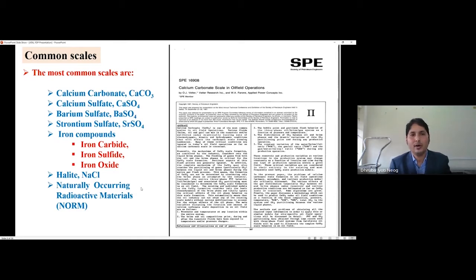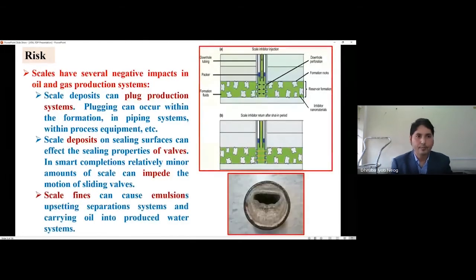These are the different scaling compounds which may deposit in the formation, inside the tubing, or inside any surface installations. This is a relevant issue whenever crude oil is produced under bottom drive, water injection or water flooding processes.